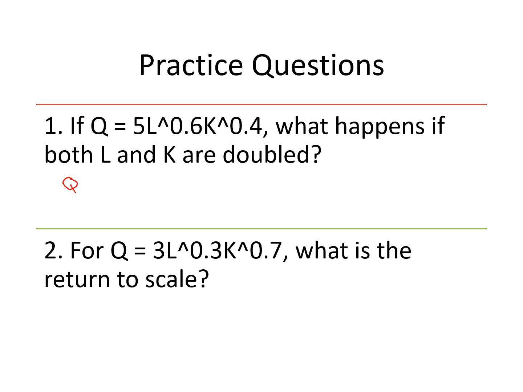So we have Q, and it's going to be 5, and we're doubling labor and capital. So we're simply going to insert a 2. It's going to be 2L, and it's raised to 0.6. And we're going to multiply that by 2K, because we're doubling capital, and that is raised to the 0.4.